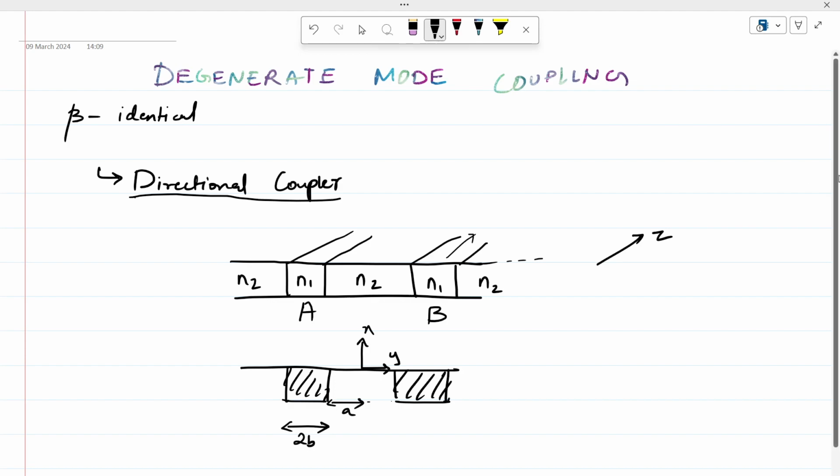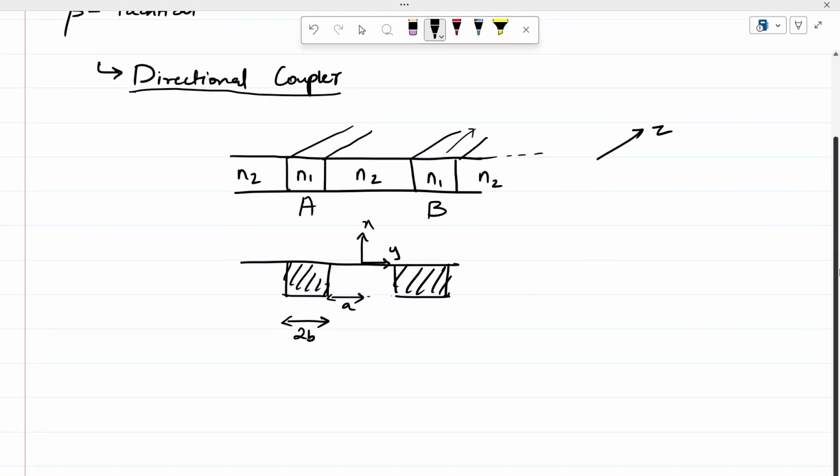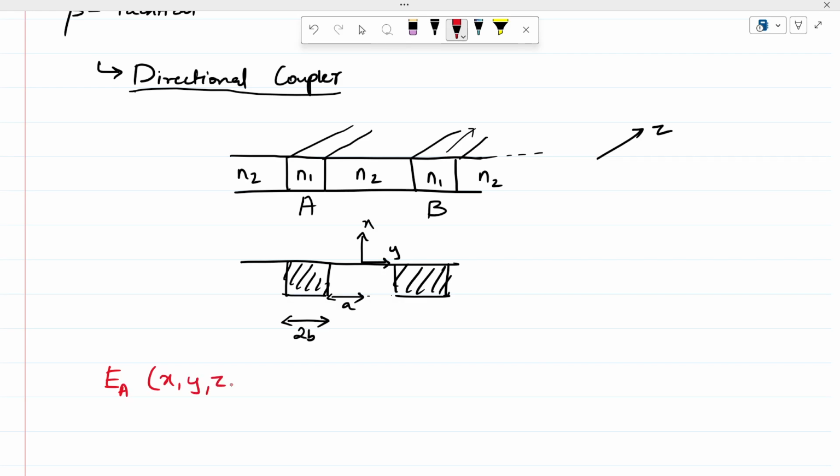So first let us start like we usually do by writing down the electric field profile, the form of electric field in mode A, in waveguide A, and the form of electric field in waveguide B. So my EA again depends on X, Y, Z and time in this case, because there is confinement both in X and Y direction.